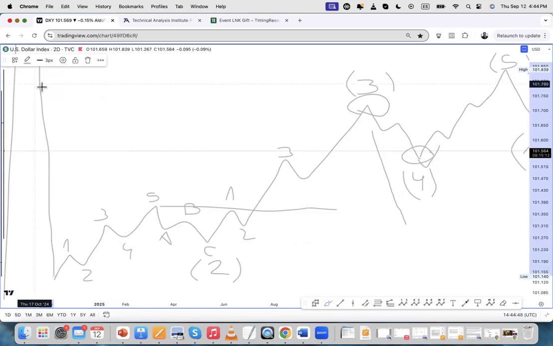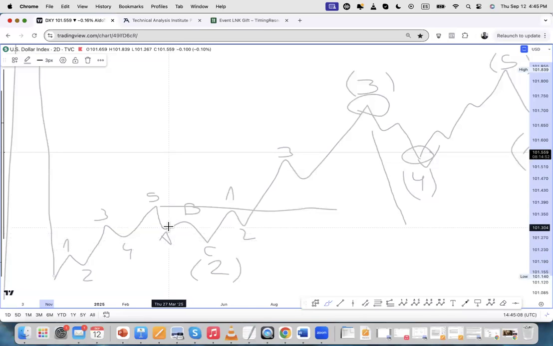And what the people that were short here were expecting is that this recovery was going to be used to add to their positions. So when they saw the market recovering, they added to their positions, and that pushed prices lower.